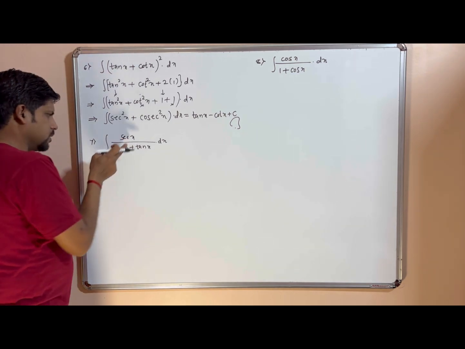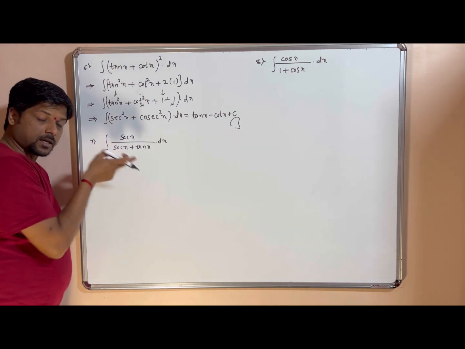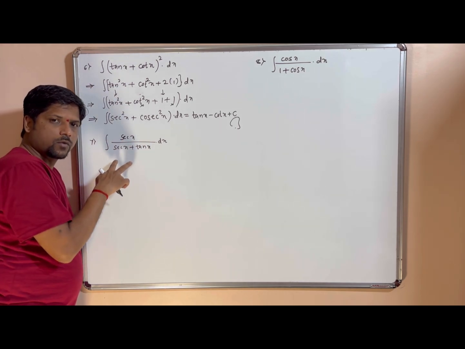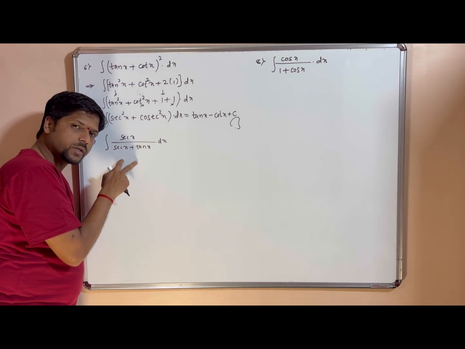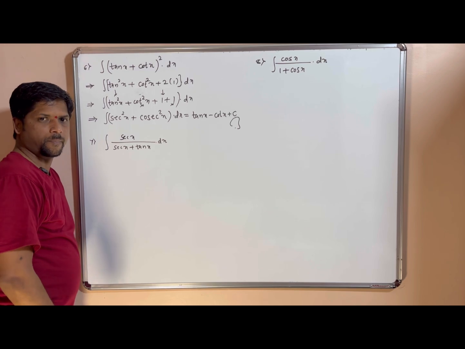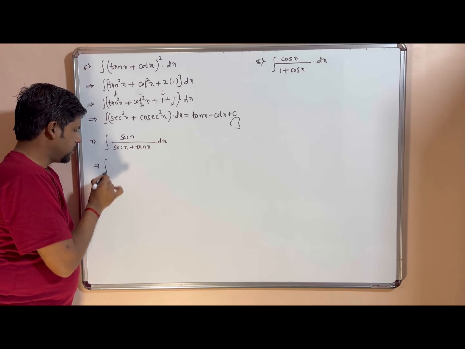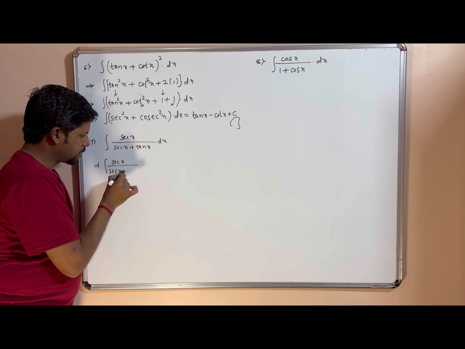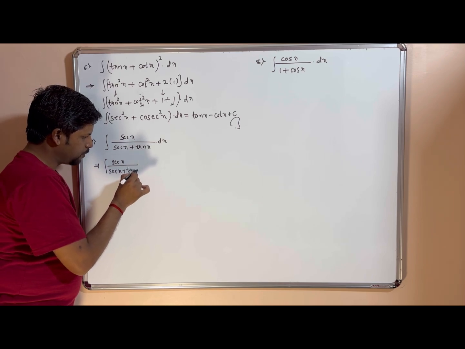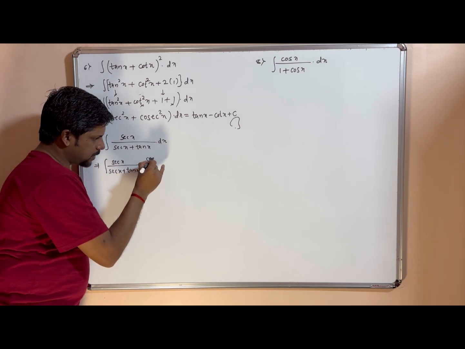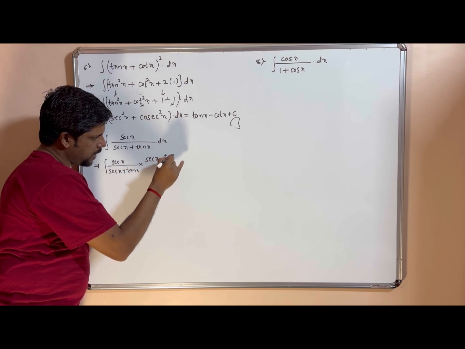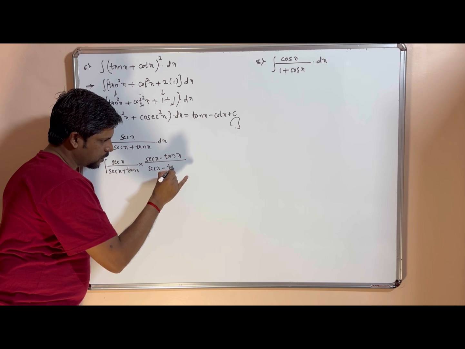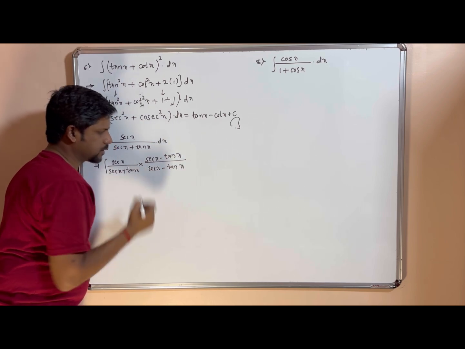Similarly, next one, sec x divided by sec x plus tan x. Important point: when the denominator has two parts, a sum of two terms or a difference of two functions, rationalize. So we get integration of sec x divided by sec x plus tan x, into sec x minus tan x divided by sec x minus tan x.